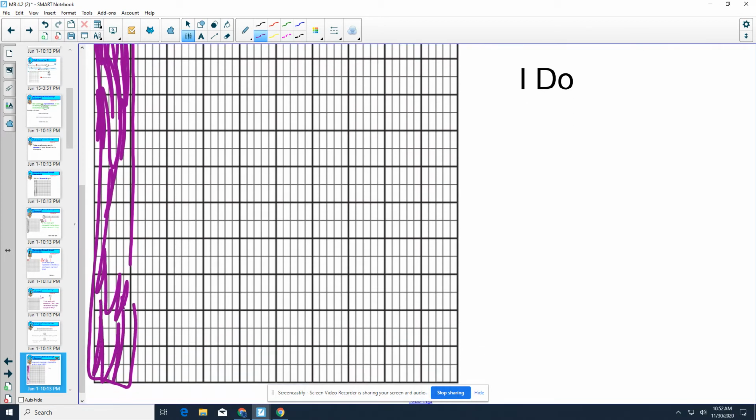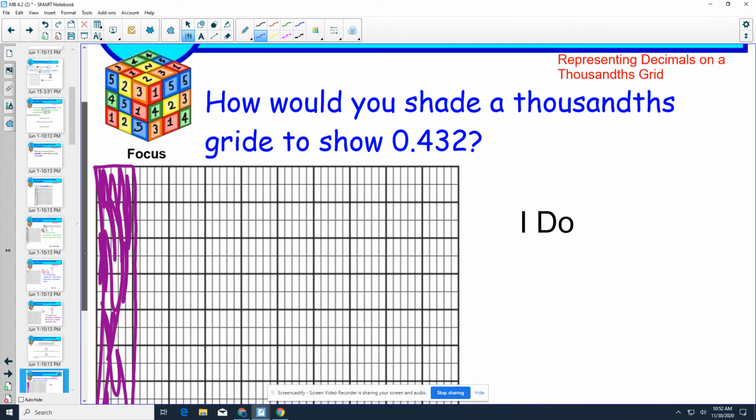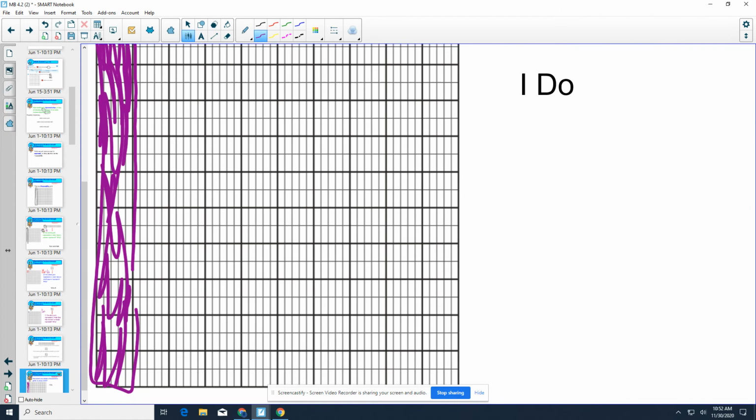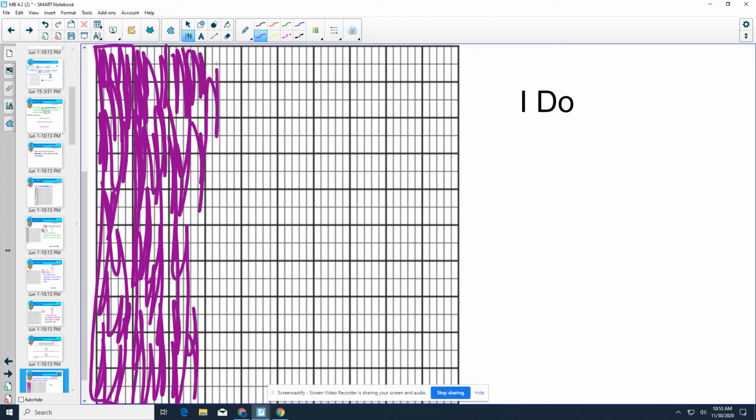So there's 100. I would do a second one. And again, you want to shade these in fully with your pencil. There's 200, 300, and then 400. And again, you want to stay in the boxes.